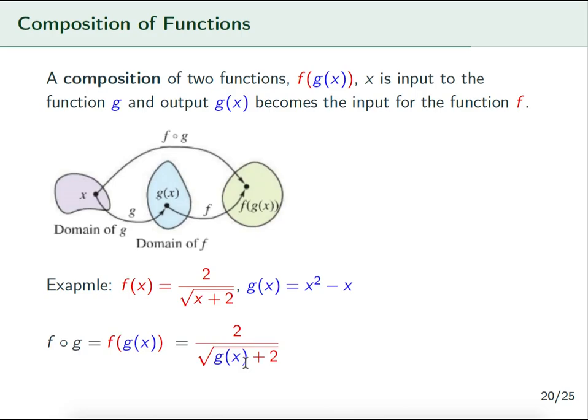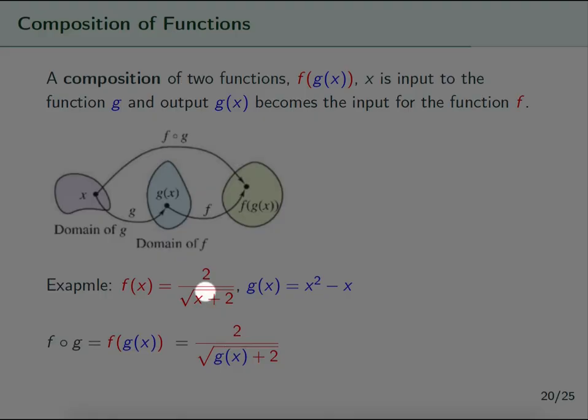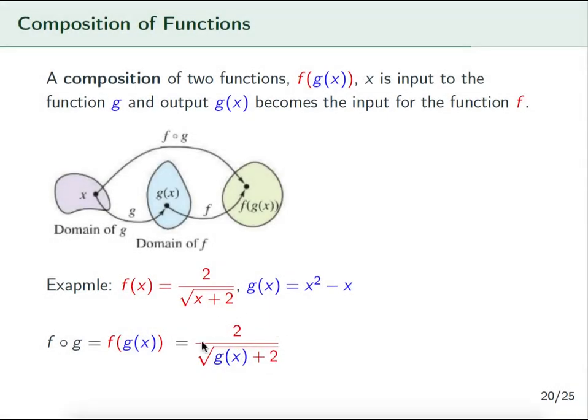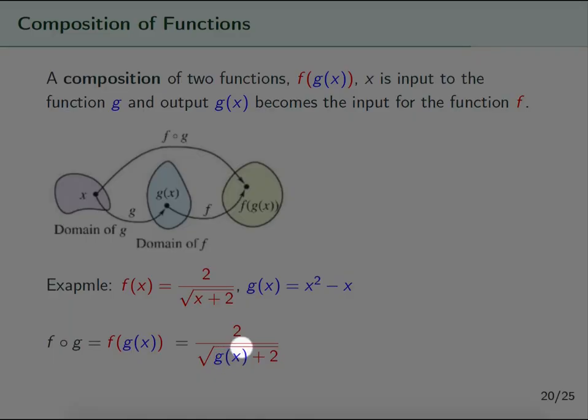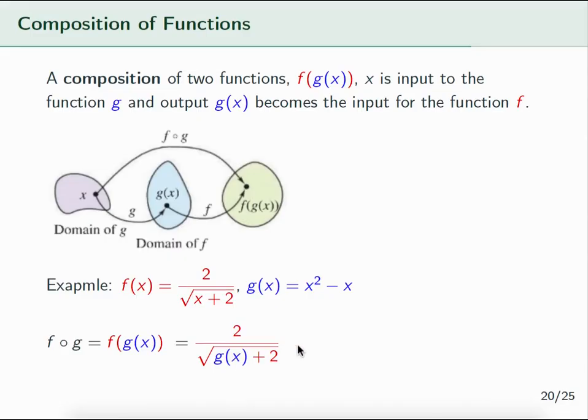The only difference between these two is the input: g of x instead of x. Then we're plugging in what g of x is in terms of its own equation. Since g of x equals x squared minus x, I'm going to plug in x squared minus x right here. And this cannot be simplified any further. So this represents f of g of x, the composite function.